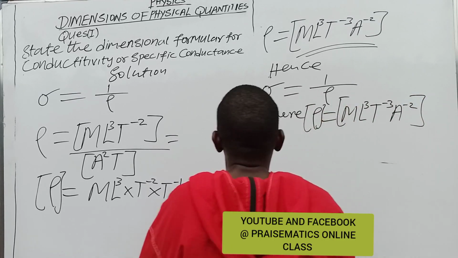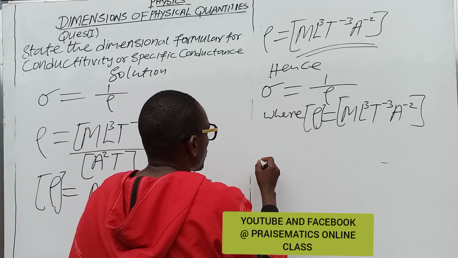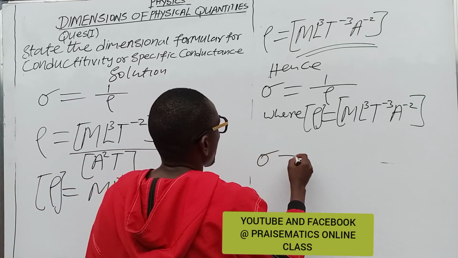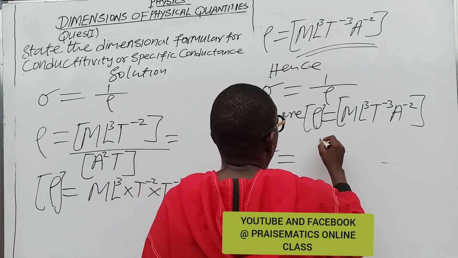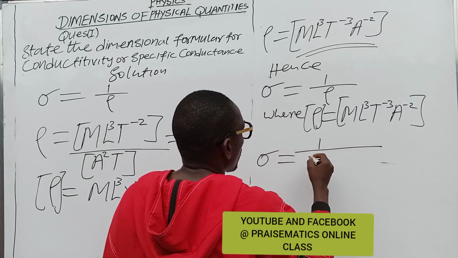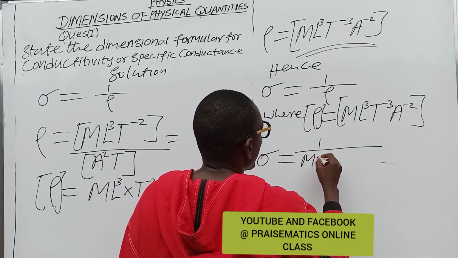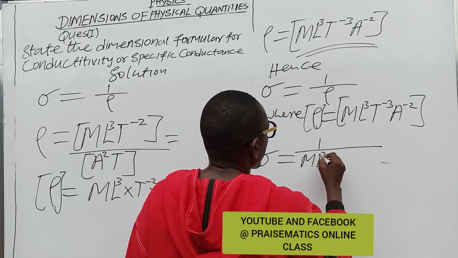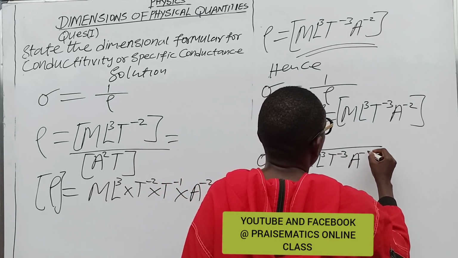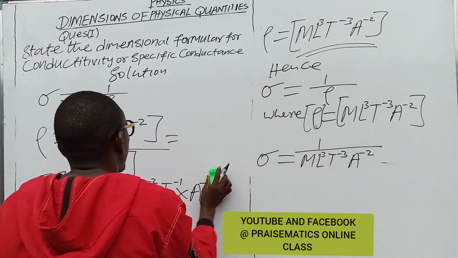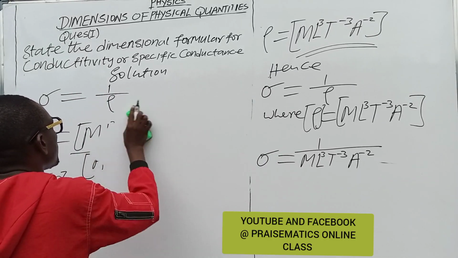We now substitute rho. Conductivity is equal to 1 over M raised to power 1, L raised to power 3, T raised to power minus 3, A raised to power minus 2.